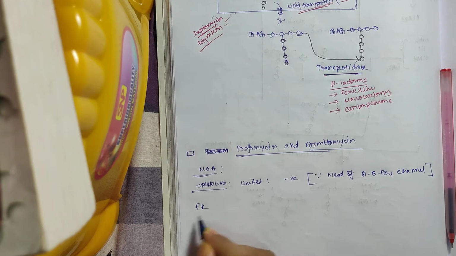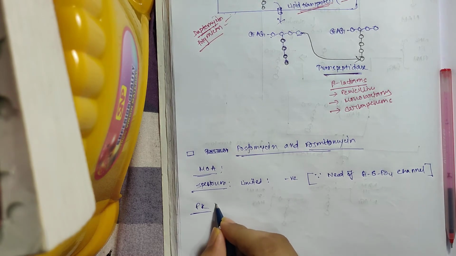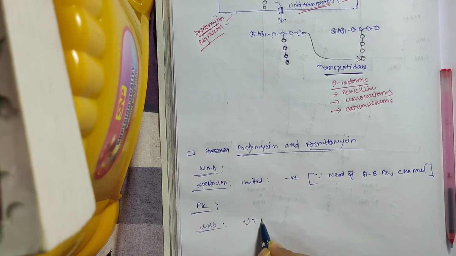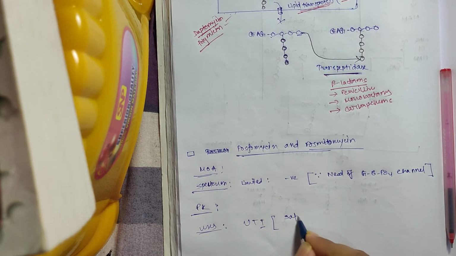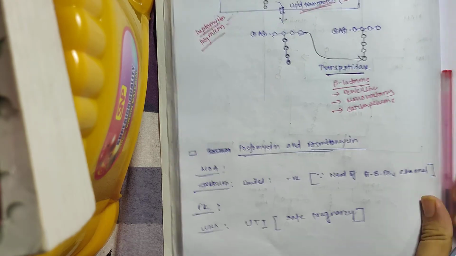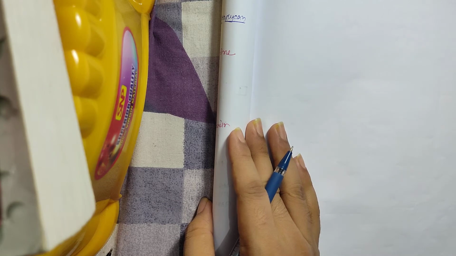Now what are its pharmacokinetic aspects, guys? These drugs are excreted unchanged in urine, right? So it is used in case of UTI, urinary tract infection. And you have to know that this is a safe drug in pregnancy, so you can use this in case of UTI associated with pregnancy, right?